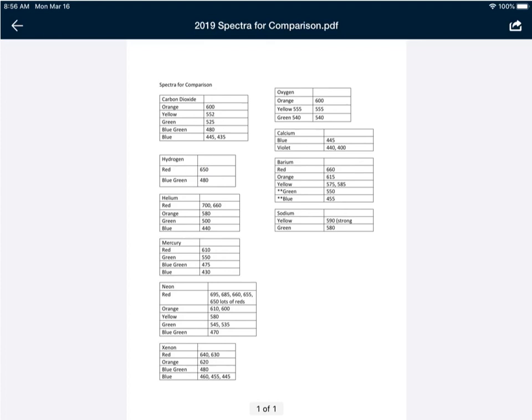Those are still relatively close. I would give yourself a plus or minus of about 5 or 10. And again, do the best you can to narrow down what element it is. If you can't get it exactly and you need to kind of choose between two, then that's fine. Just indicate that in the discussion.